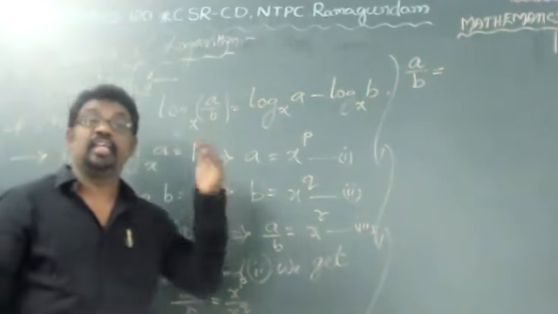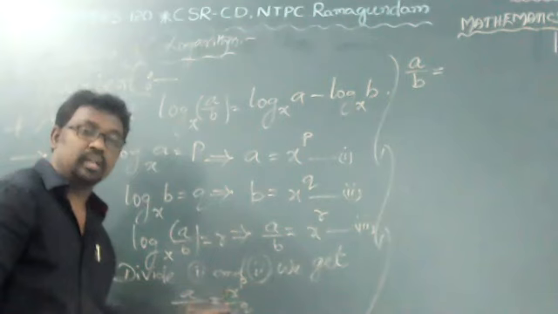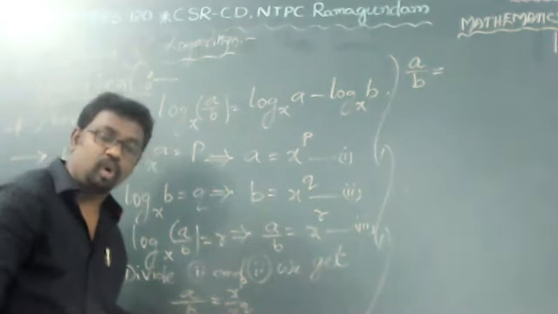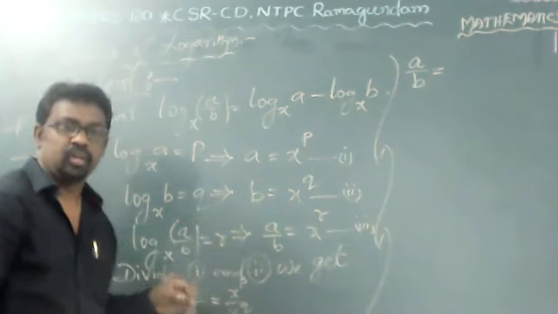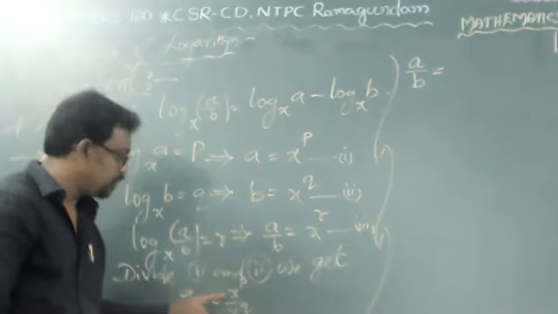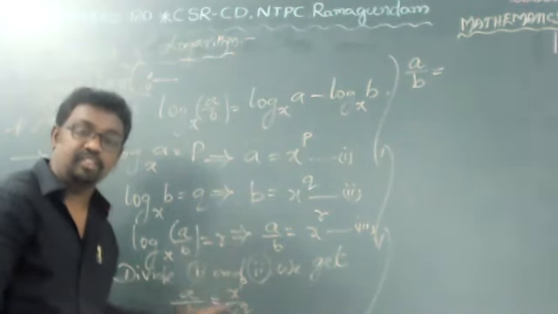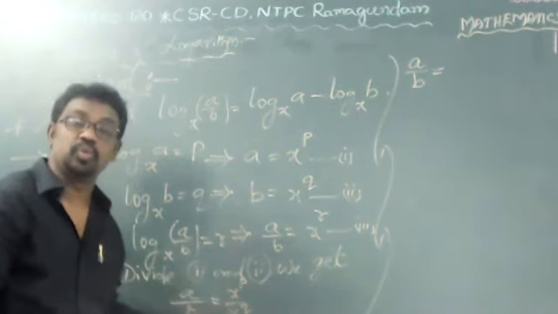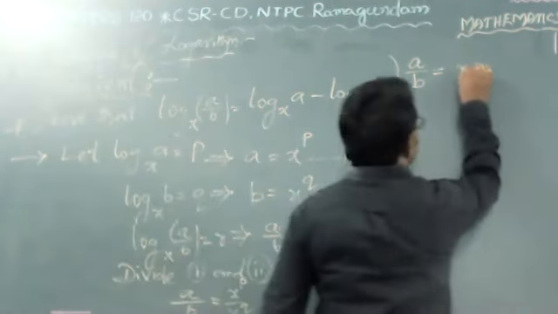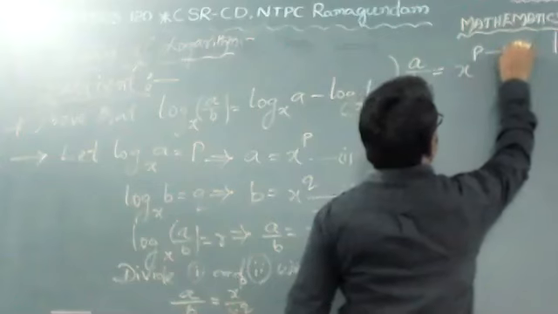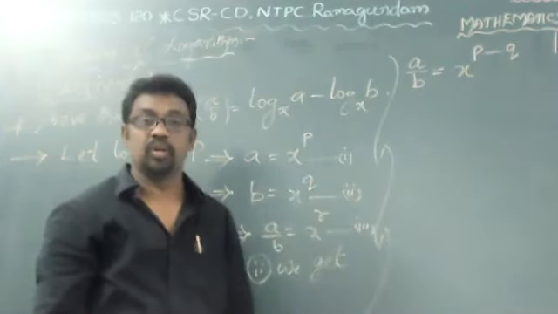A power m minus n. When the bases are equal, in division form, you have to subtract the powers. So what you will get here? X power p minus q.